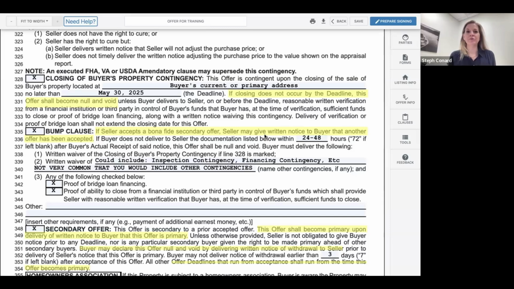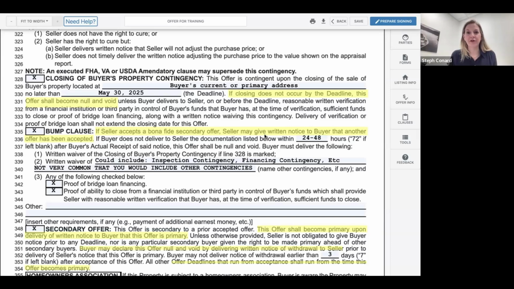So this closing of the buyer's property contingency, when you would use this is if your buyer needs to use the equity in their home and apply it towards their next purchase. Which is often the case, right?